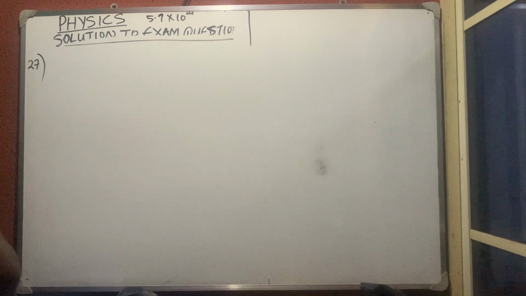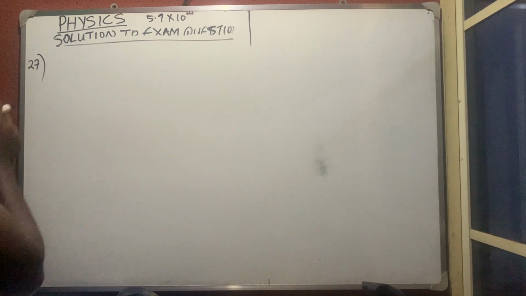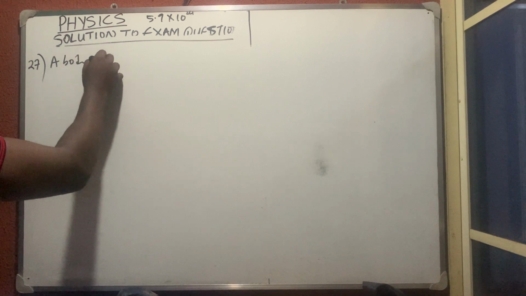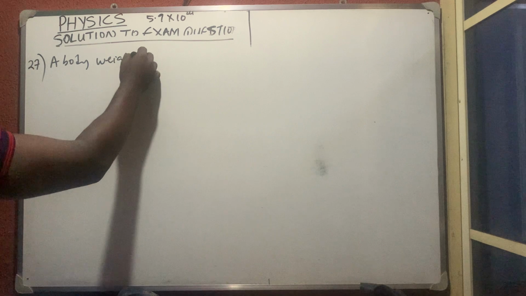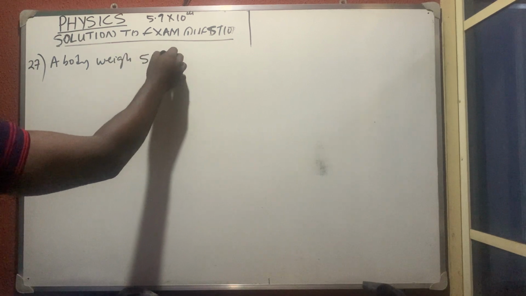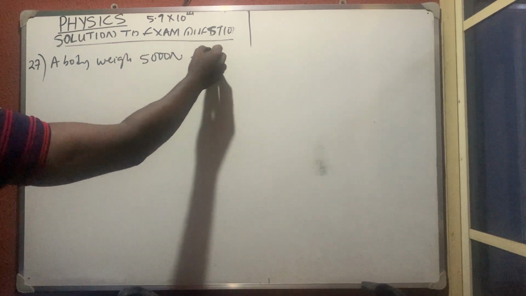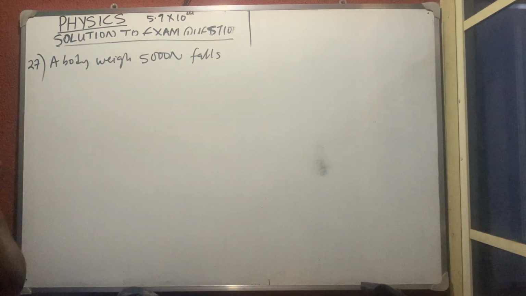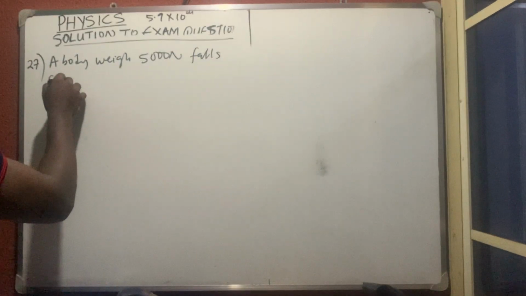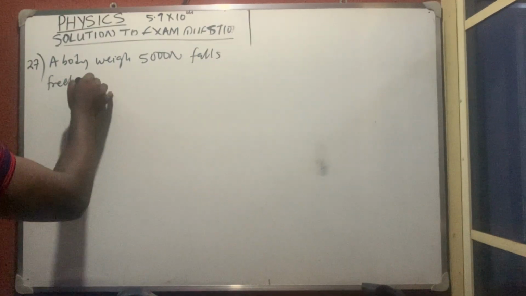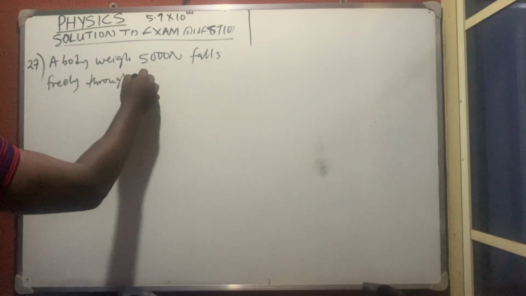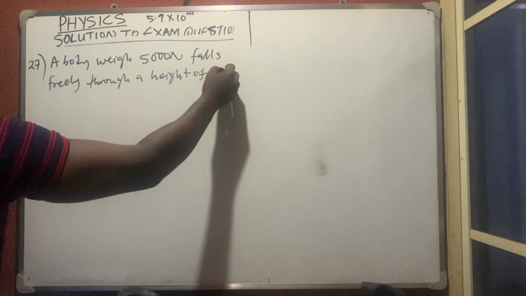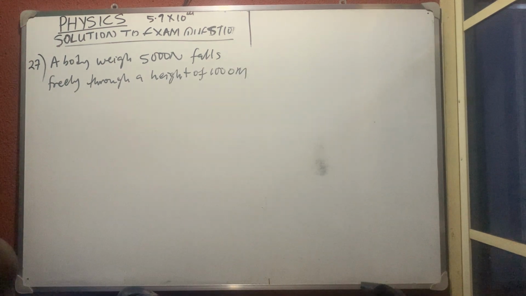Question number 27 says a body weighs 5,000 Newton, falls freely through a height of 1,000 meters.